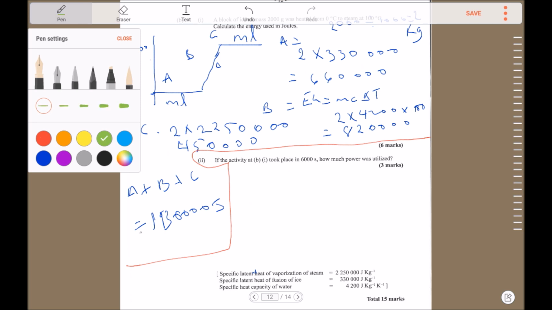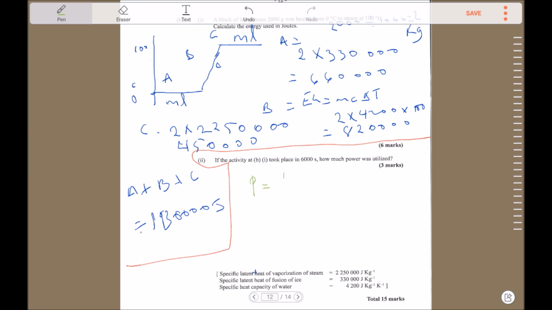If the activity took place over 6,000 seconds, how much power was utilized? So power is equal to energy over time. So our power is equal to 1930 0.0000 over 6,000.